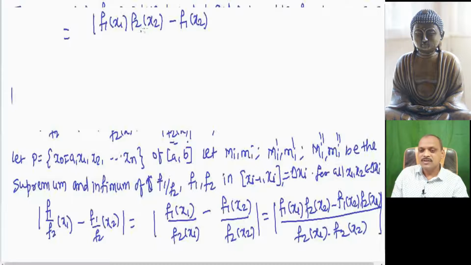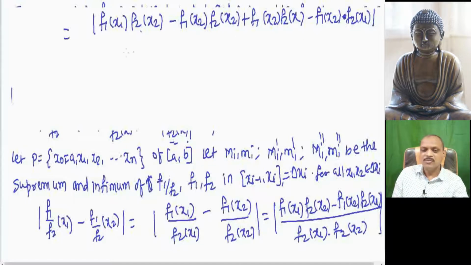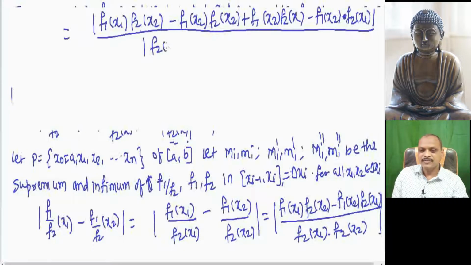We should take common f2 x2 plus f1 x2 f2 x2 minus f1 x2 into f2 x1. This is our numerator, and what is the denominator? Denominator is mod of f2 x1 into f2 x2 modulus.